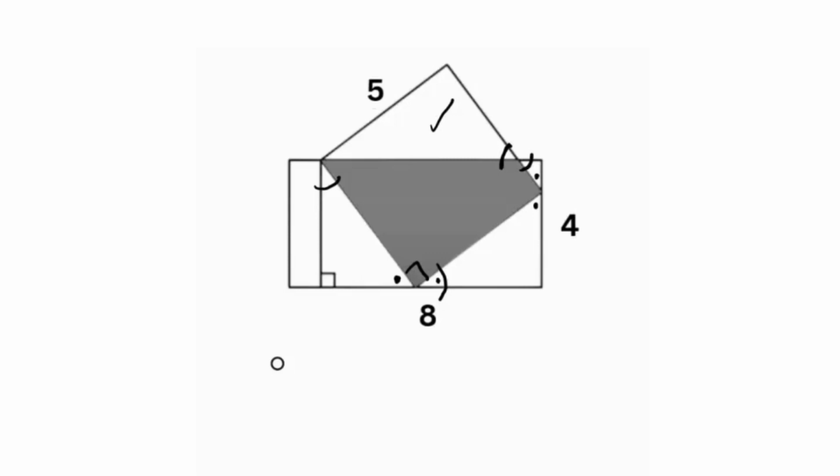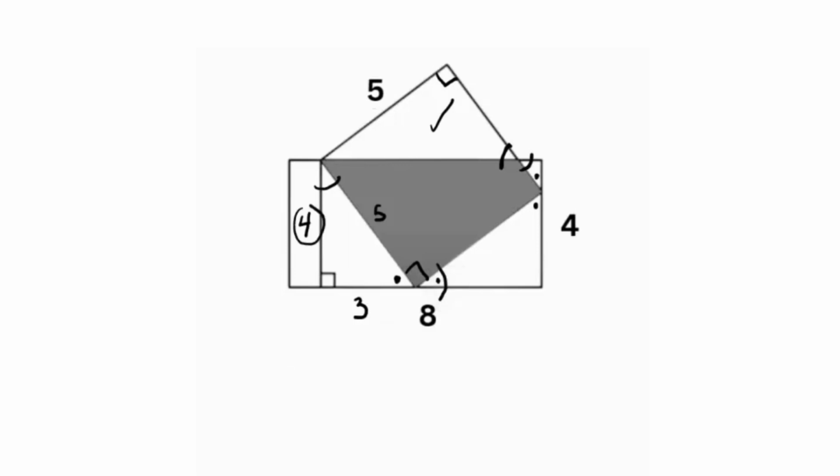Well, so what I'm going to do now is I know that this side of this right triangle is 4. I know that this side is 5, so that means that this leg must be 3. Well, if that's the case, we know that the corresponding sides have to have the same ratio.